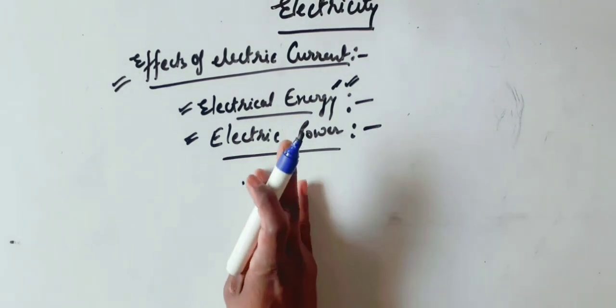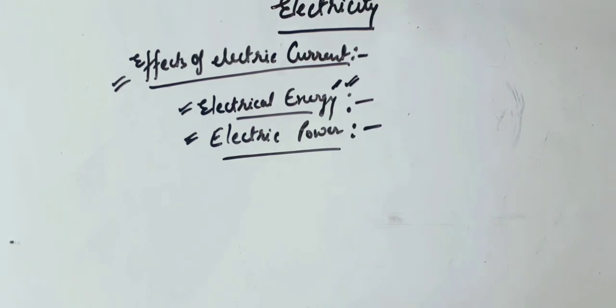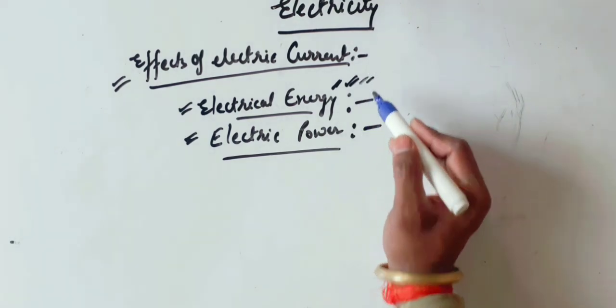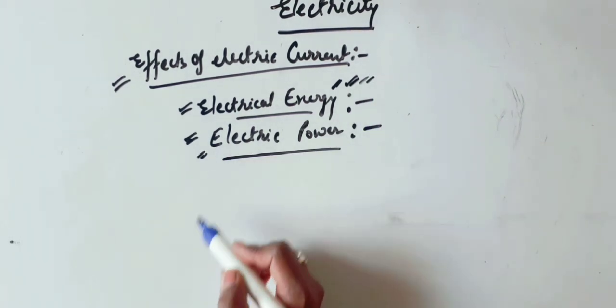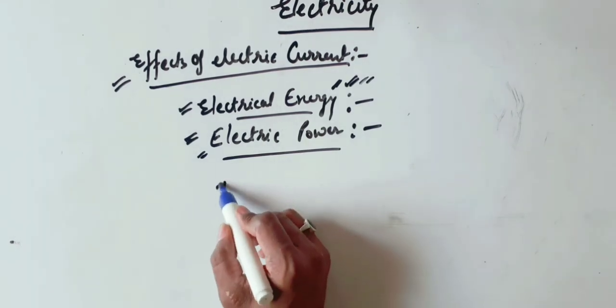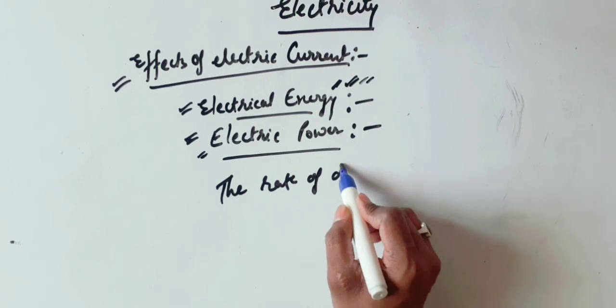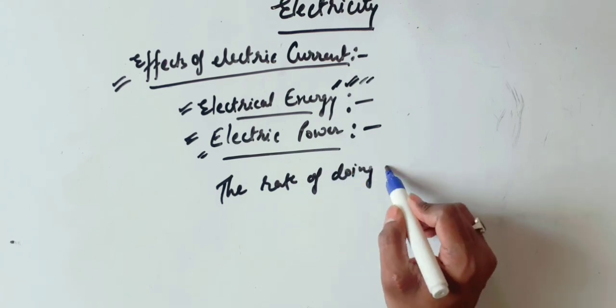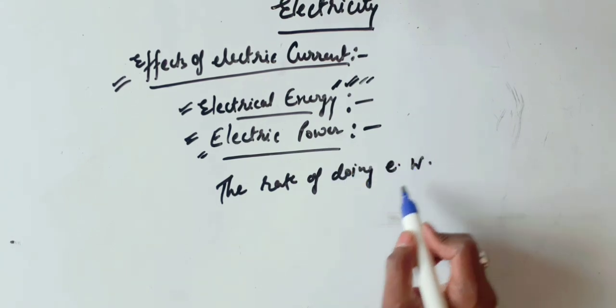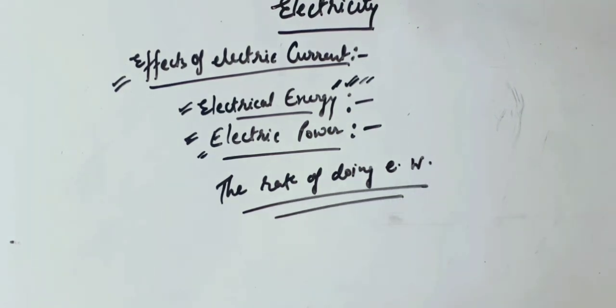What do you mean by electric power? The rate of doing electrical work is called electric power.